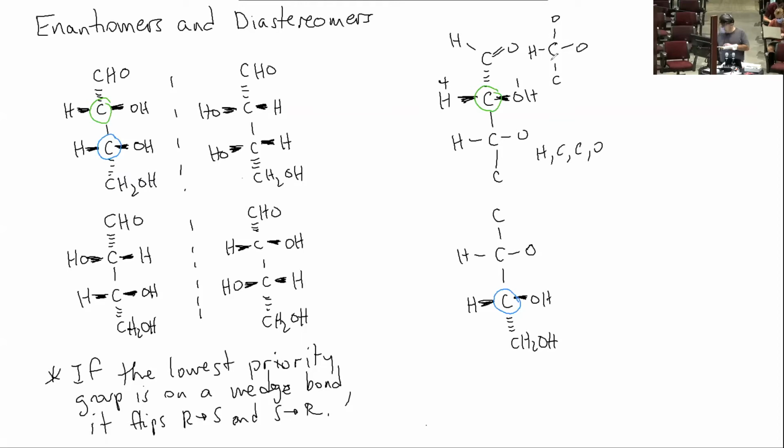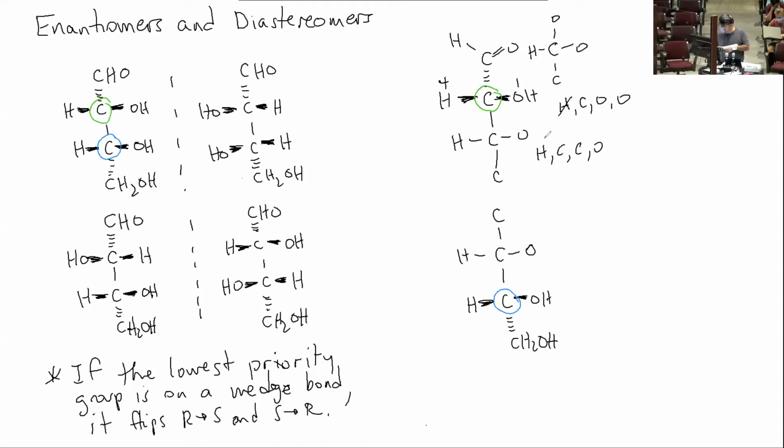Anyway, when I do that, now it looks to me like this carbon is bonded to a hydrogen, a carbon, and 2 oxygens. Or again, if you weren't considering the carbon-carbon bond, then it'd be a hydrogen and 2 oxygens. You'll get the same answer either way. And so now we need to break this tie.